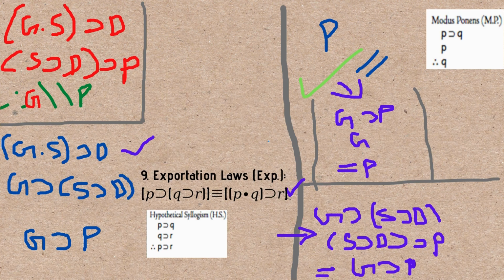The first premise what we got is G implication, S implication D, from exportation law. So by adding the first premise and second premise and applying hypothetical syllogism, we will be getting G implication P. So we got G implication P in the second step.